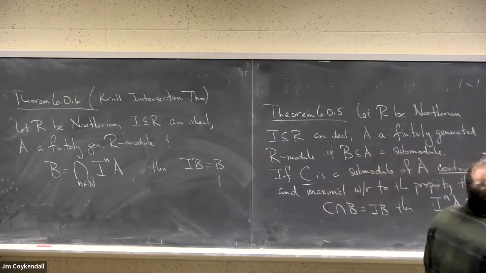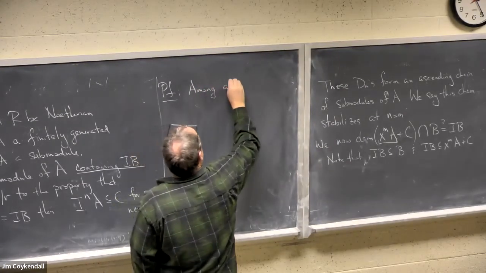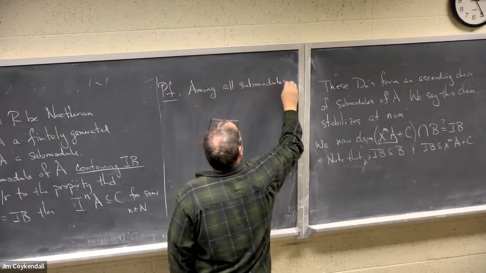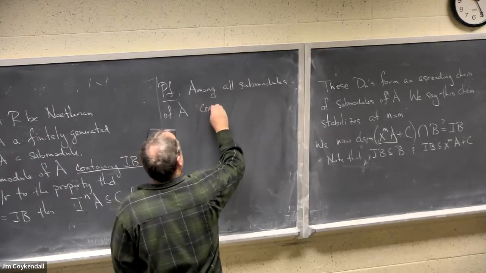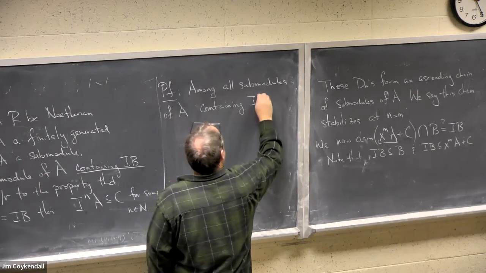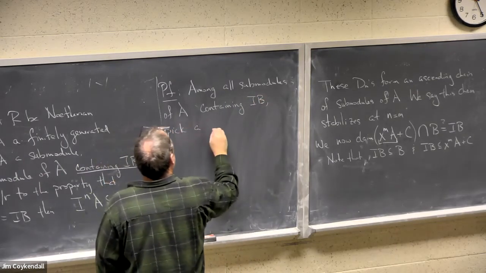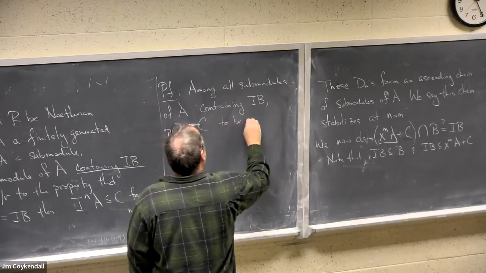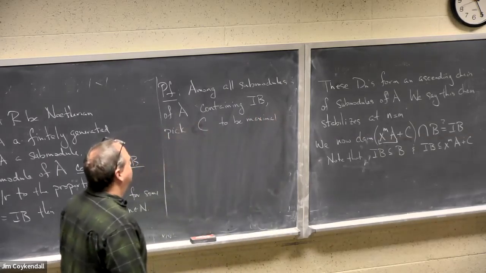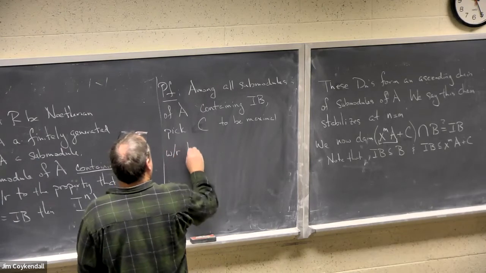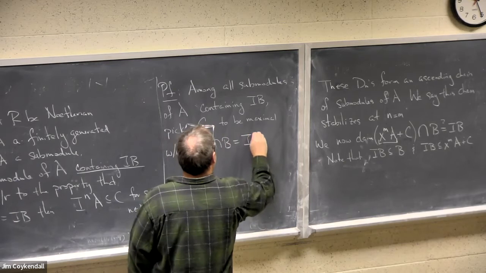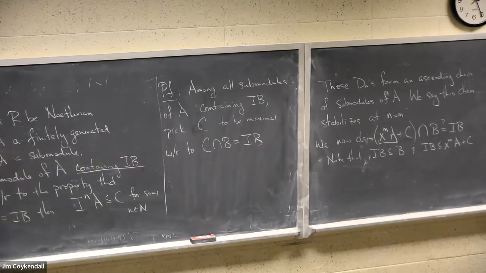So among all submodules of A containing IB, pick C to be the maximum with respect to this property, where here we'll of course use the notation that B is this.